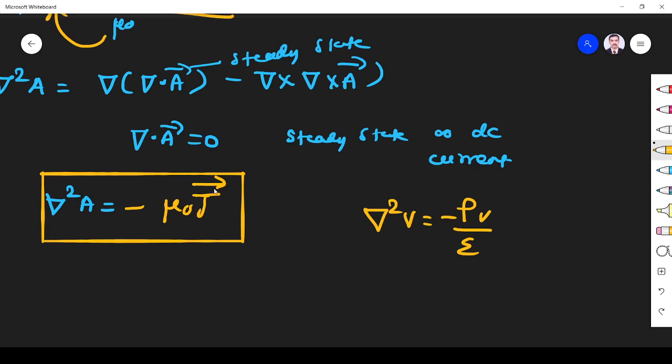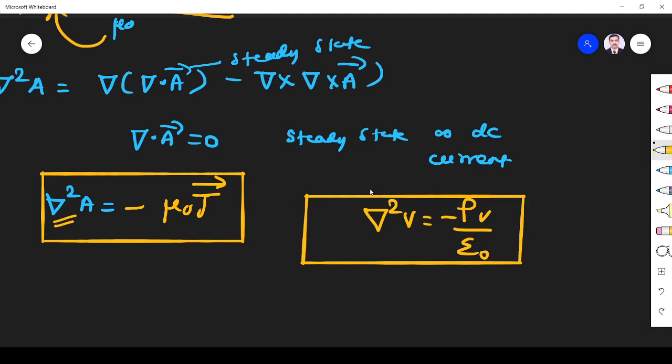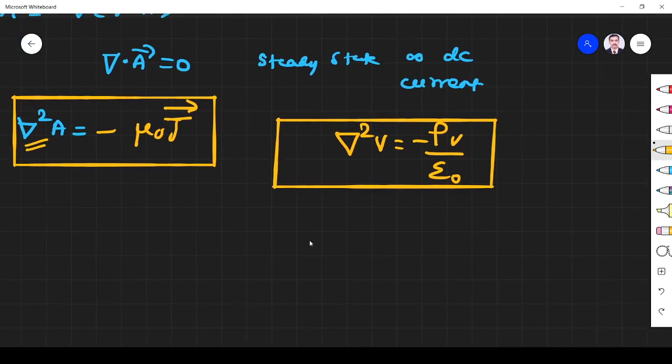So you can say the right hand side is a vector, and the left hand side is also a vector, because del squared A is a vector parameter. So don't think that it is a scalar, it is a vector. Here minus minus, and 1 by epsilon naught will come for the electric field permittivity, and permeability for the magnetic field. Beautiful equation, the relationship between the electric field and magnetic field. So what are we understanding from here?